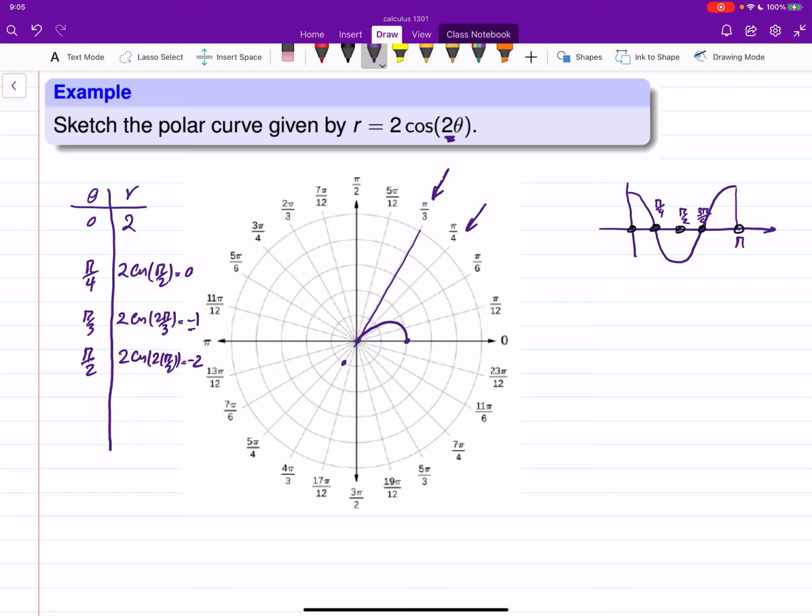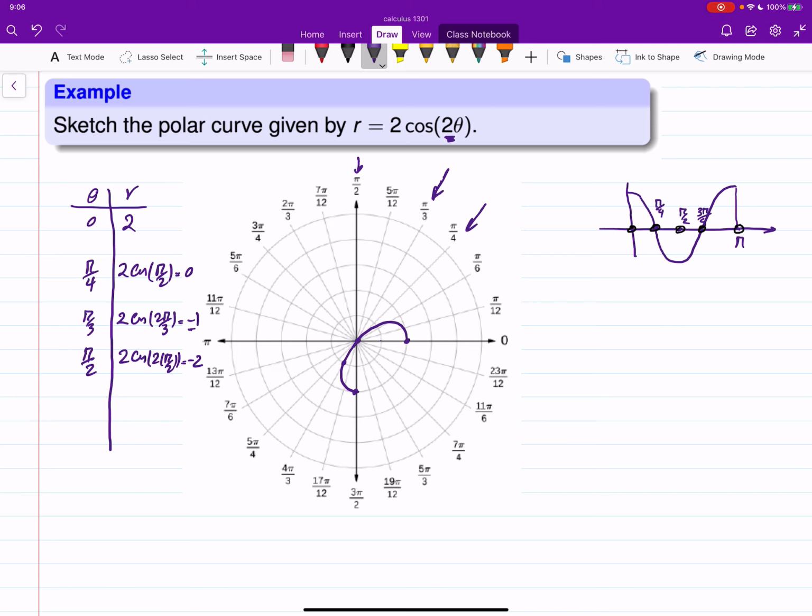That is what I have to keep track of. And then at pi over 2, r is negative, so the ray is up to here, but I have to go to the negative side and get this one. And you see that in that interval I'm going to form this part here.